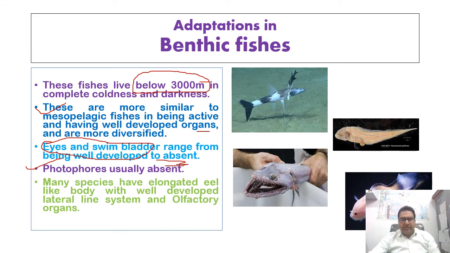Many species have an elongated eel-like body, and they have a well-developed lateral line system and olfactory system. We have a fish called Bathypterois, also called the tripod fish, because it uses its elongated pectoral fin rays as a tripod, along with its caudal fin on the other side.